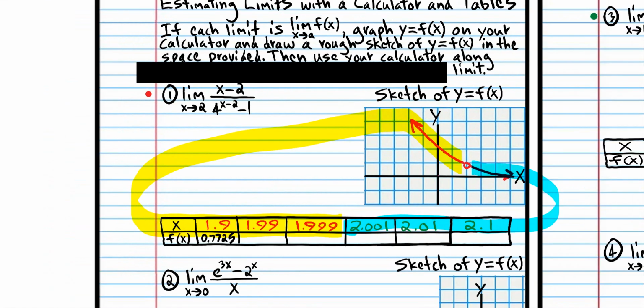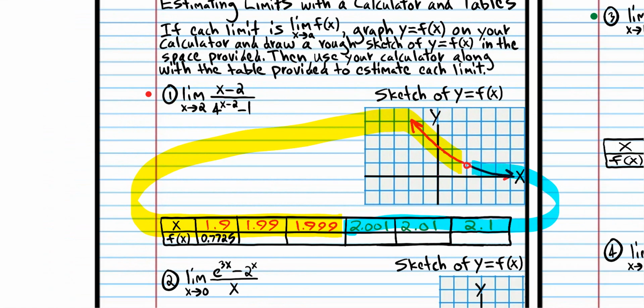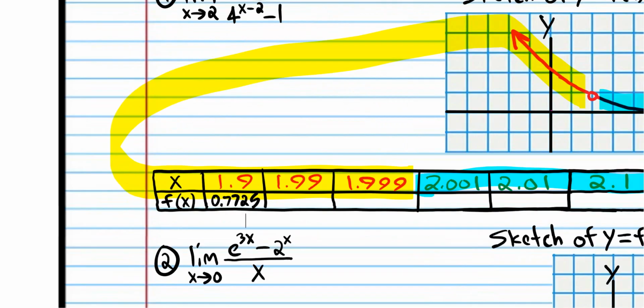All right, so let's do it again. Let's press the blue second button at the upper left, then the trace button at the upper right, the calculate button, and then press enter. Then enter 1.99 and then press enter at the bottom right.